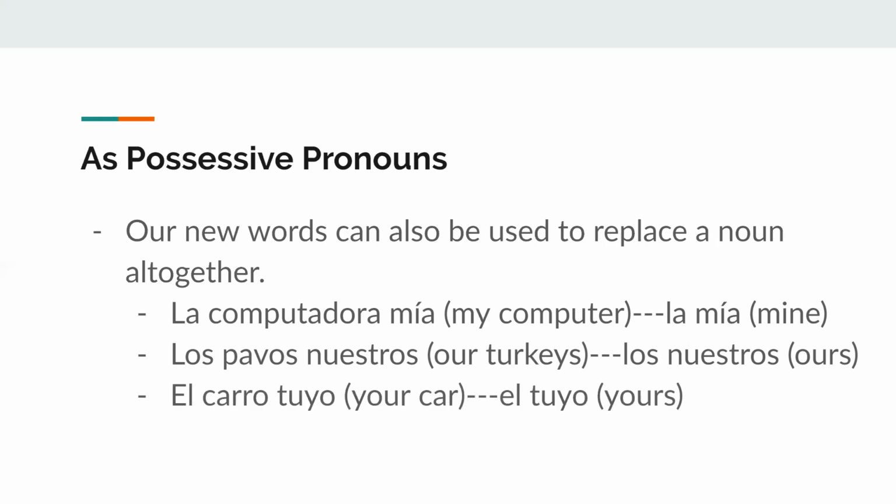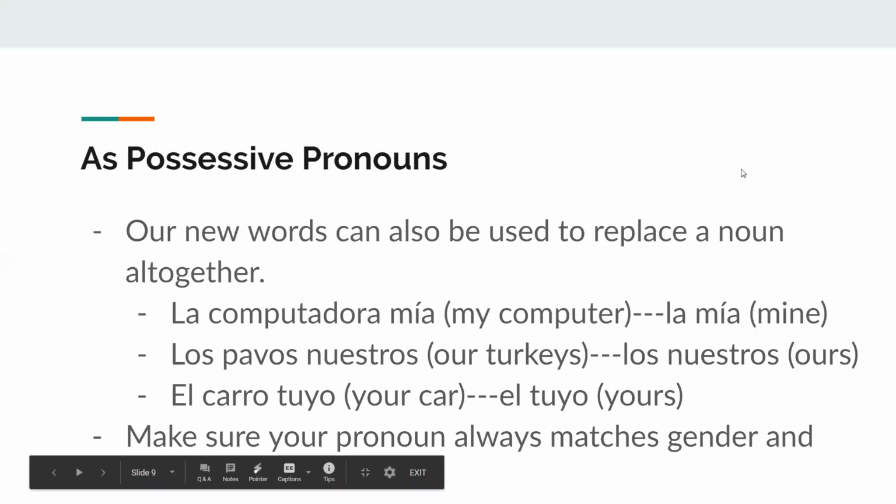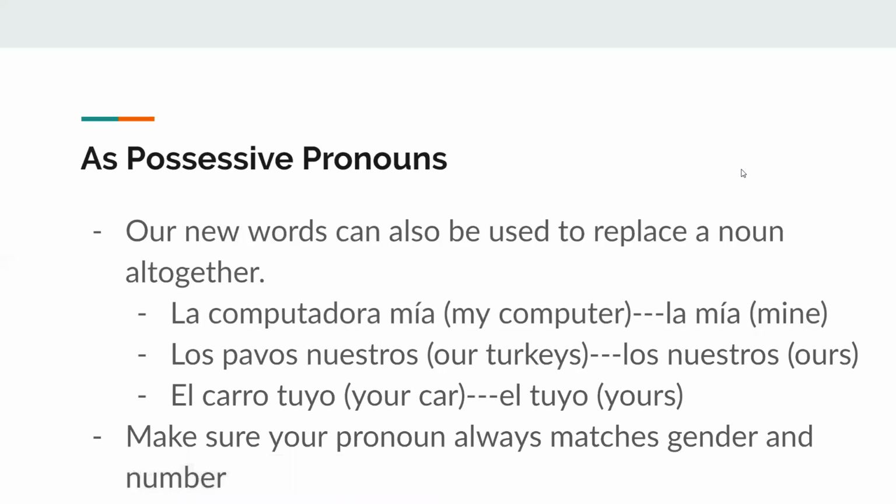El carro tuyo, your car, or el tuyo, yours. When you do this, make sure that your pronoun matches the gender and number of the thing you're talking about. With the turkeys example, since turkeys are masculine and plural, we had to say los nuestros rather than el nuestro. Got to make sure you make it plural. In this case, computer is feminine, so we had to make it feminine.